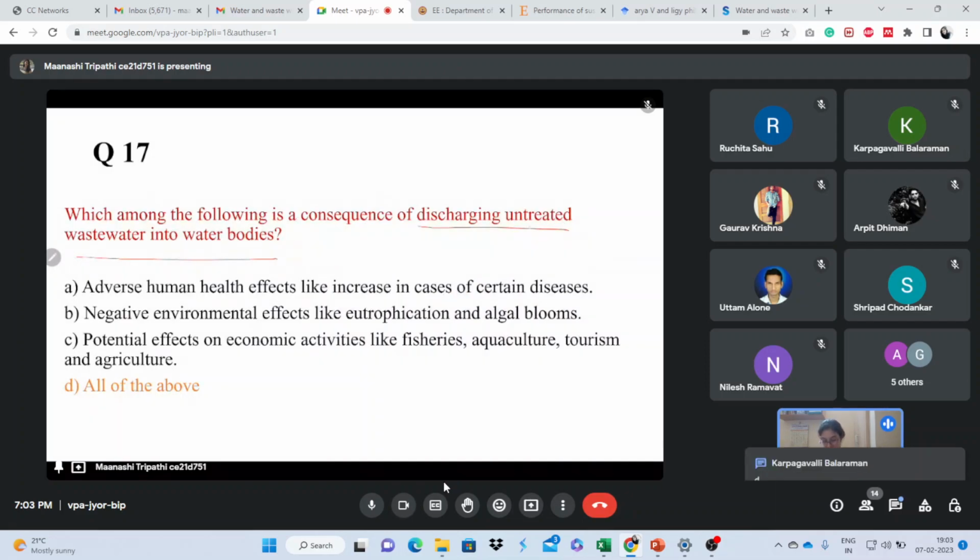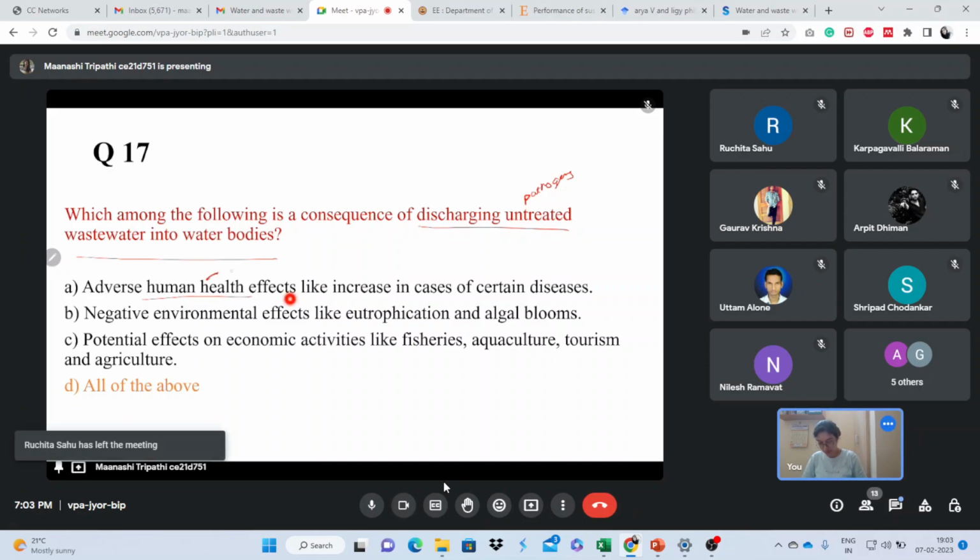When we are discharging untreated wastewater, as I have already explained, it contains pathogens, which is very harmful for human health.